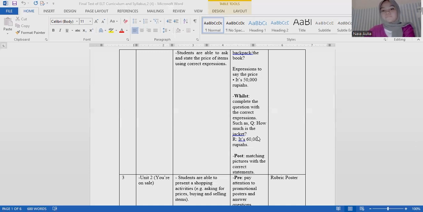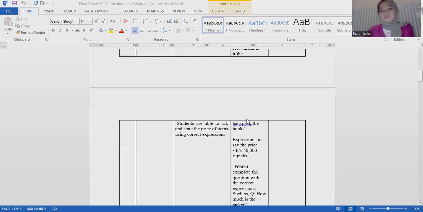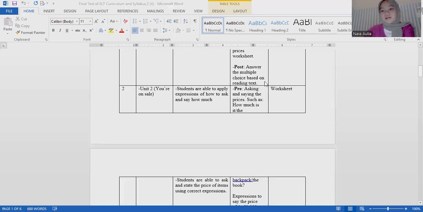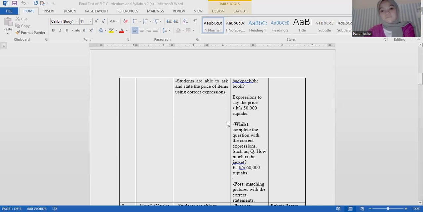After they answer the questions, they match pictures with the correct statements, like the jacket is 50,000 rupiah, and they draw a line like this to the correct statement. And the assessment is also a worksheet, a full worksheet.